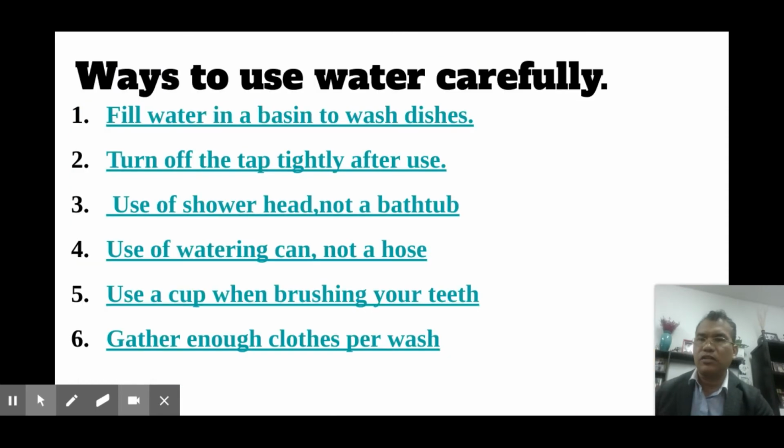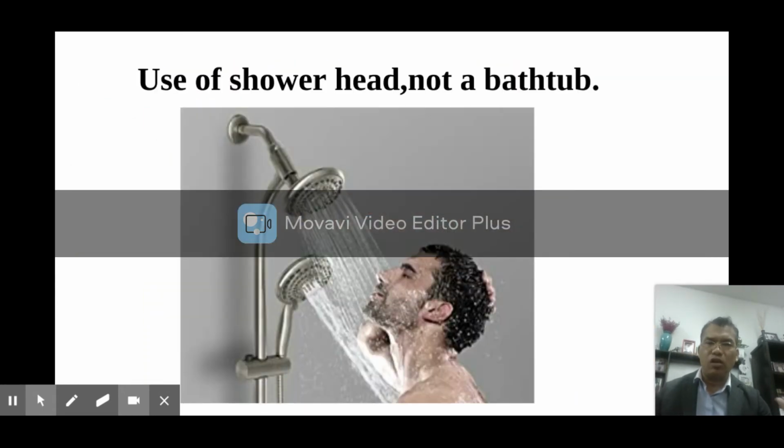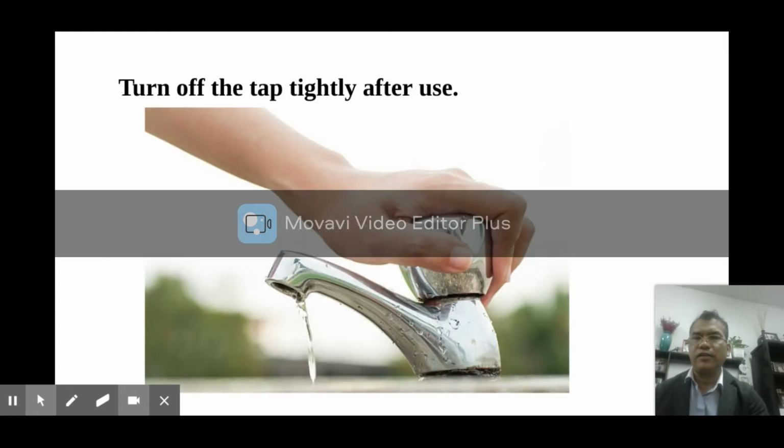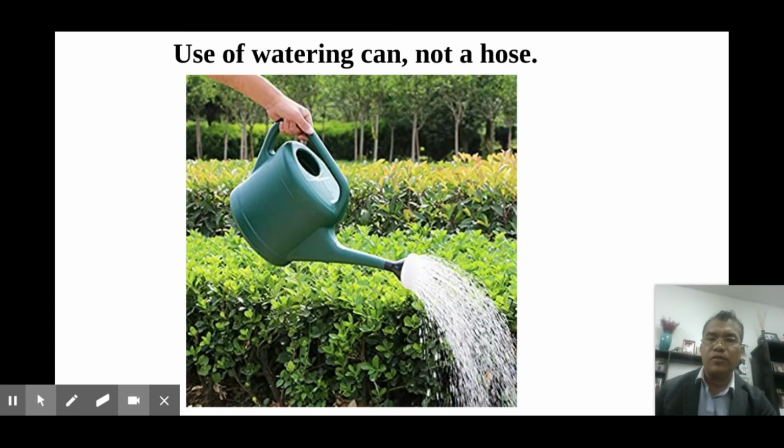And let's see number 3, use a shower head, not a bathtub. Because when you use the bathtub, you are using lots of water. So you're going to use the shower to save water, right? Now let's go to the 4th one. Use a watering can, and not a hose.